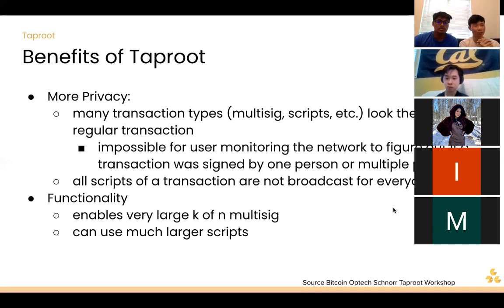With a DAO, you have people all over the world interacting with a wallet, and maybe you have some condition where if a two-thirds supermajority agrees on something, then you can access funds to actually use them. Beforehand, that would take a lot of compute power, time and energy to accomplish. But now with the benefits of Taproot, that's much faster. That's a huge scalability plus, and we can now use much larger scripts because not all scripts are broadcast on the network, only that one script that's actually evaluated.